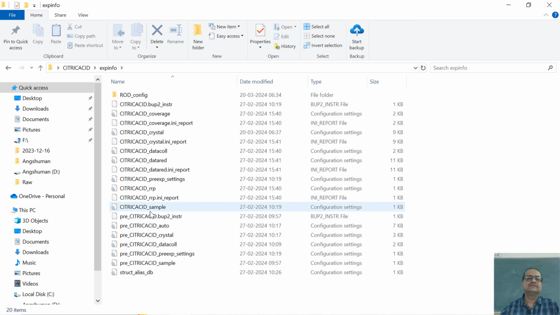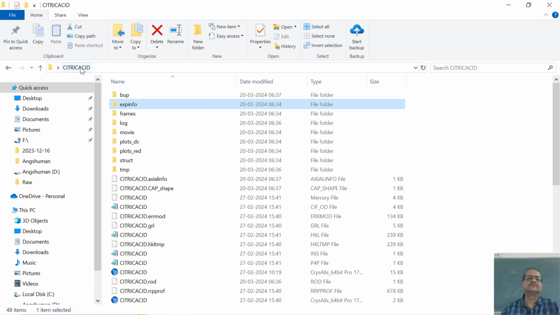This folder has files which are read by the software, and the software gives information about the data collection experimental information. Whatever information you may have incorporated during the data collection is stored in these files.